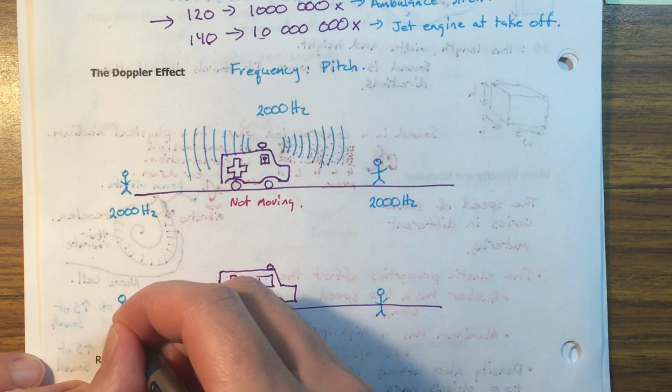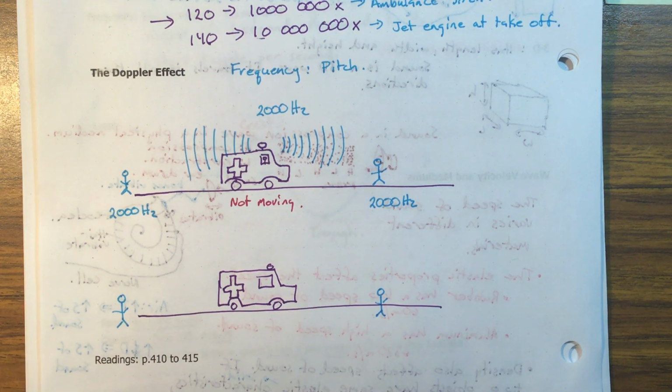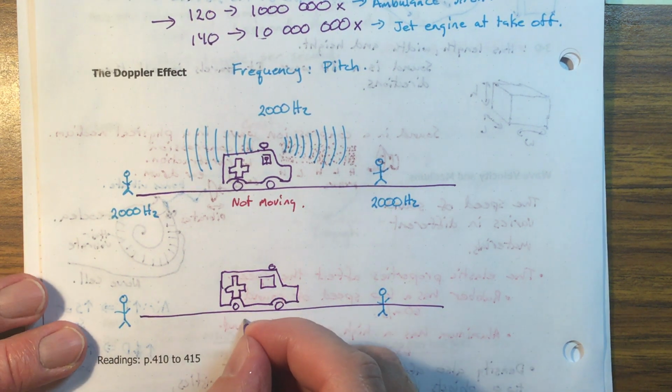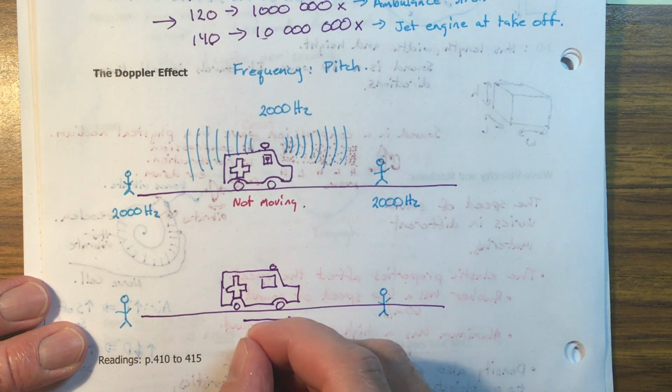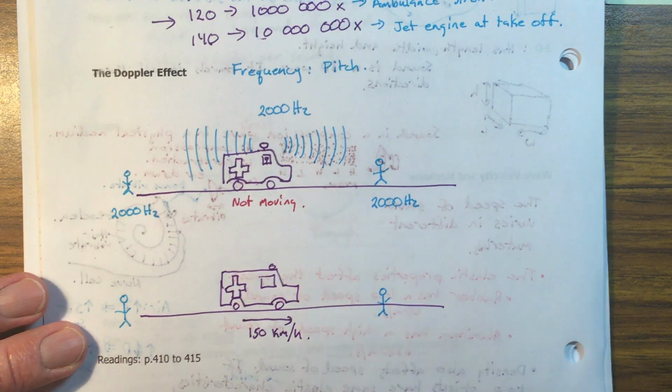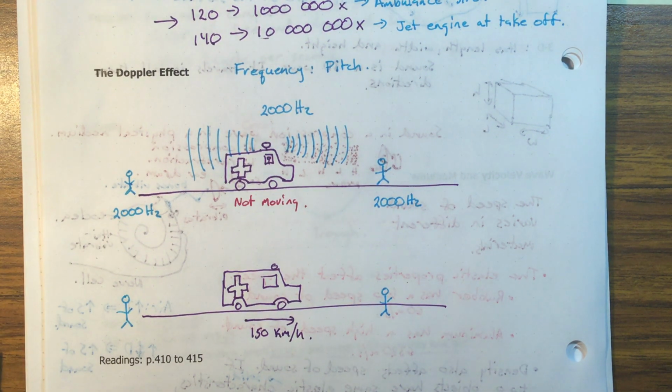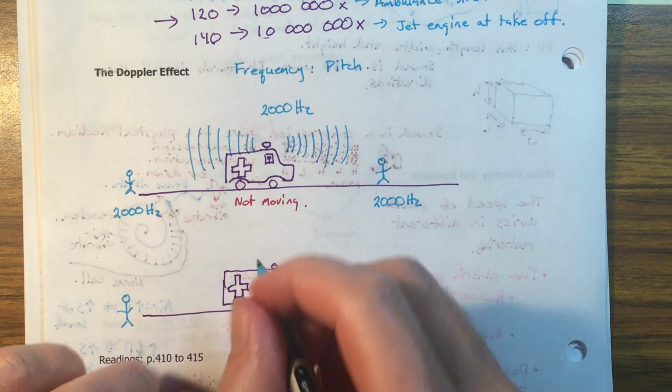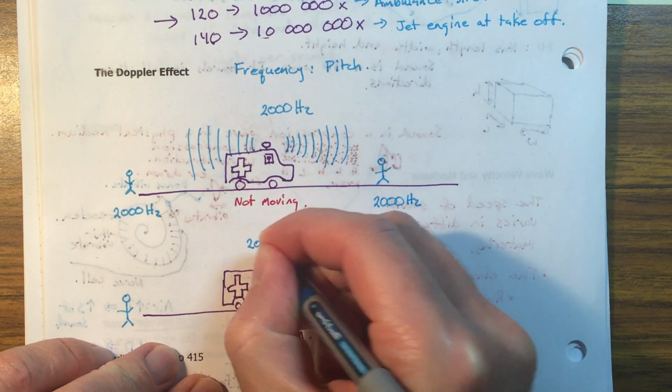And there's a guy standing here. Now, the ambulance is driving this way at 150 kilometers per hour. Wee, wee. Its siren is still producing a 2,000 hertz frequency.